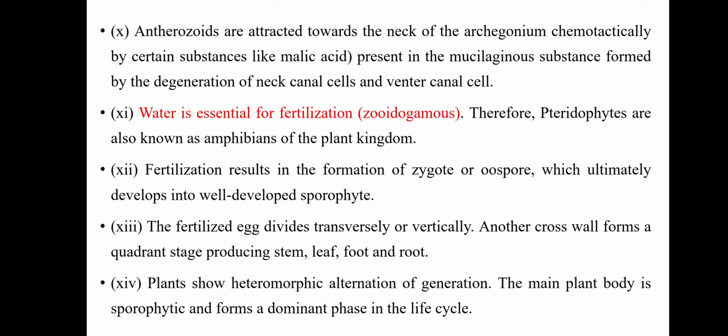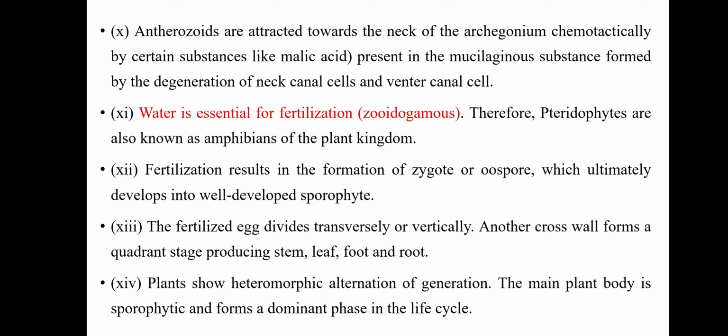There are some chemicals present in the archegonium which attract the antherozoids or sperms inside. Water is very essential for fertilization, which is known as zoidiogamous. Therefore, pteridophytes are also known as amphibians of the plant kingdom.